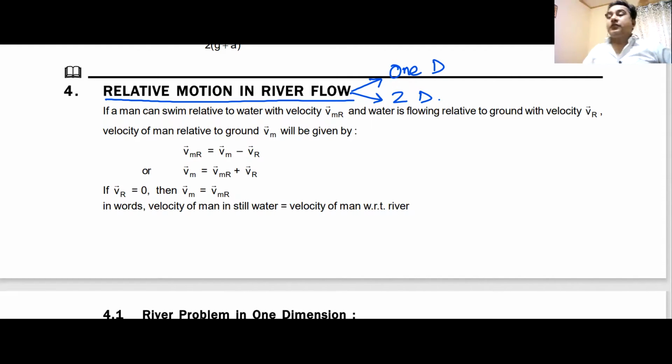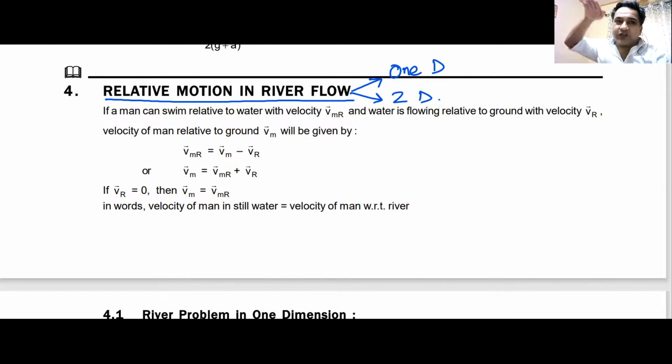Now, before going on to applying these concepts, we must understand what you would be given in the question. What sort of terms will come in this question? For example, when you had a horizontal projectile question, we had a plane flying with some velocity and dropping a bomb.